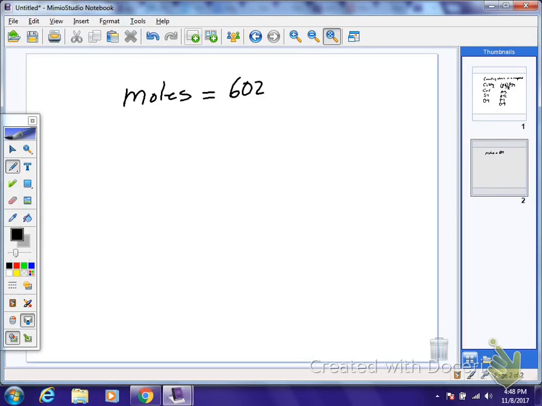So if I have 1 mole of atoms, not plural, but 1 mole, then that would be 6.02 followed by 21 zeros. Okay, so we will never use that number. A lot of times it's expressed in scientific notation as 6.02 times 10 to the 23rd.